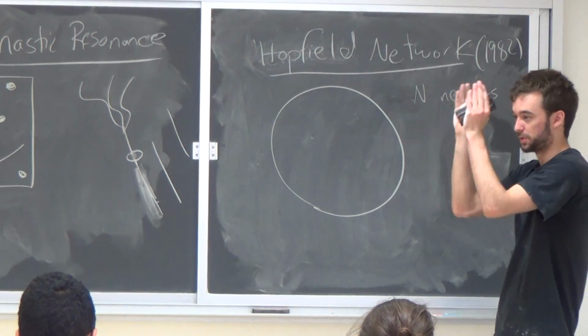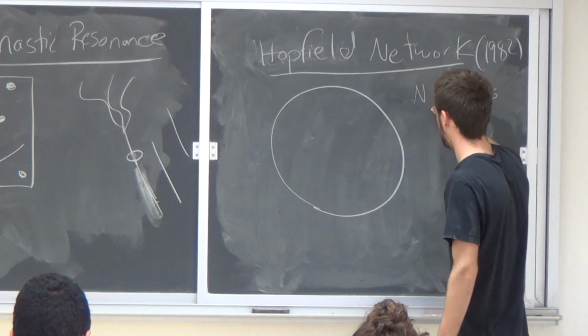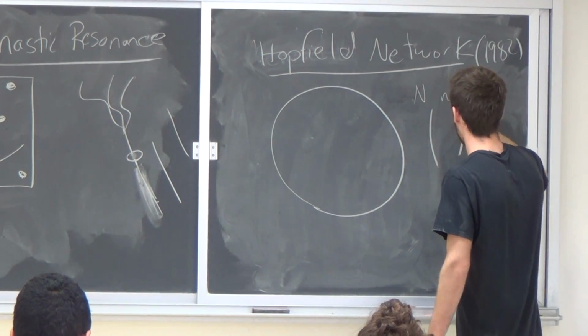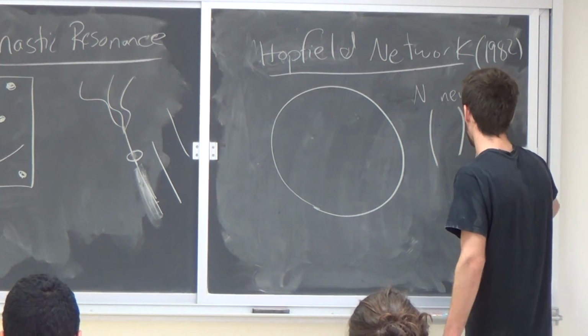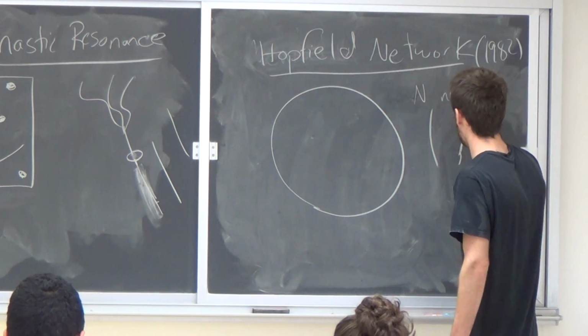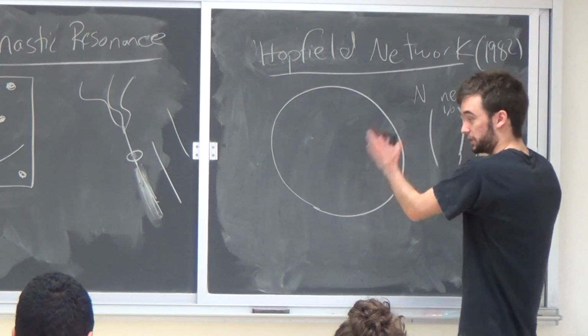By memory, I mean a particular state of these neurons. So we have a list of neuron 1's activity, neuron 2's activity, all the way down to neuron n, and these values are either 0 or 1. And we're storing them.